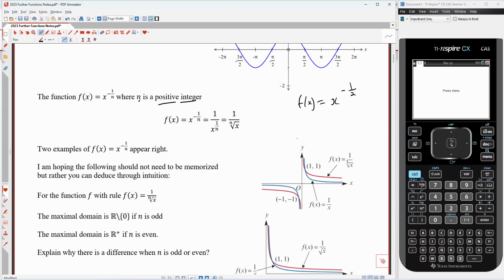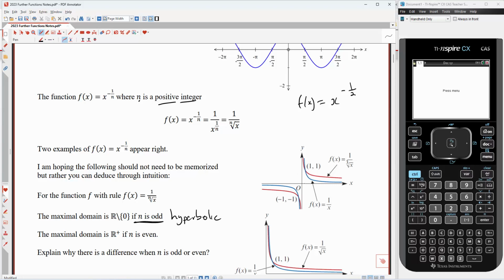Basically, if n is odd, then what you get is what I call a hyperbolic graph, one that looks a little bit like a rectangular hyperbola.